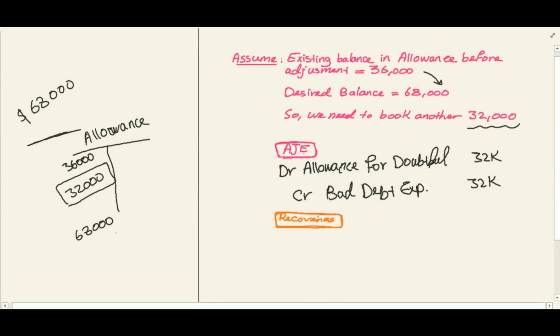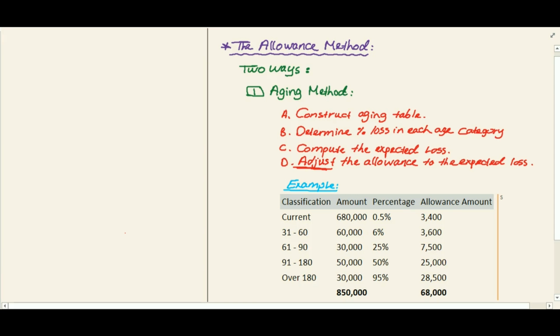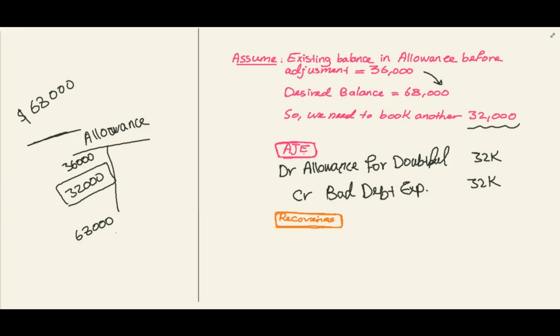Okay, let's assume that after writing off all of these amounts, one company that we have assumed won't pay, let's say the $400, came and actually paid it. So how can we recover the amount from the allowance account?